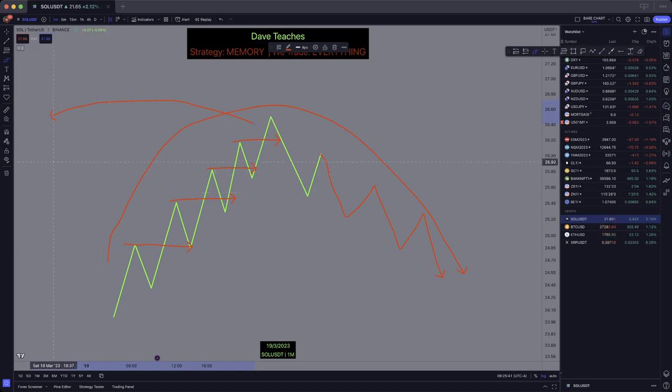What does that area have to be? It has to be responsible for something. So we tap into that area, we shift structure, and then we begin looking for our reversal back to where? The beginning of the trend.